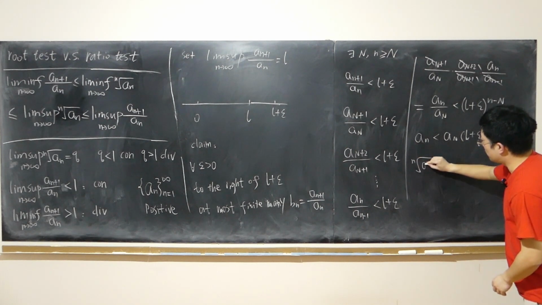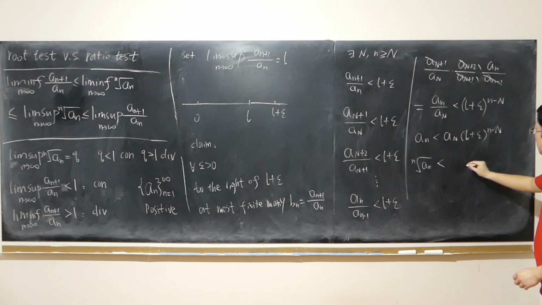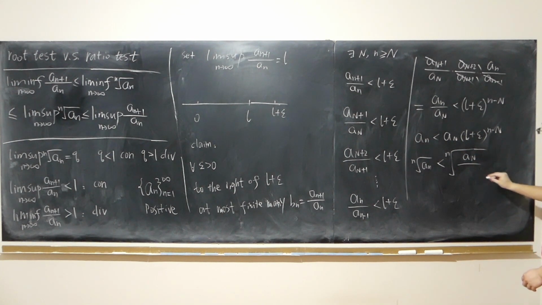So the nth root of an is smaller than the nth root of, I'm going to combine capital N and L plus epsilon to the power of capital N. Since the power is minus capital N, I just put it on the bottom.